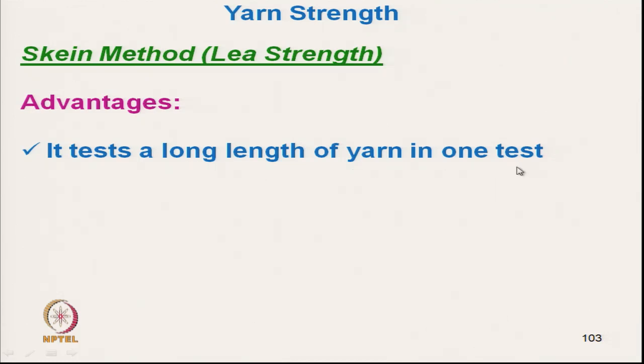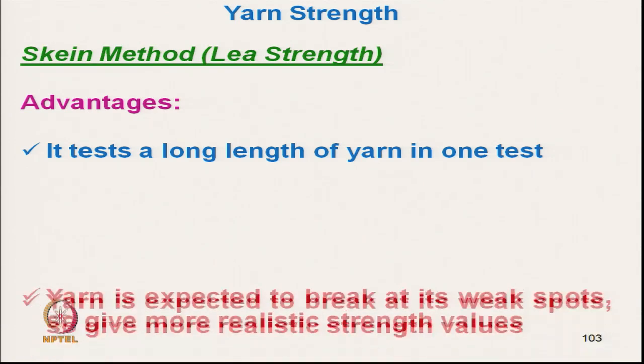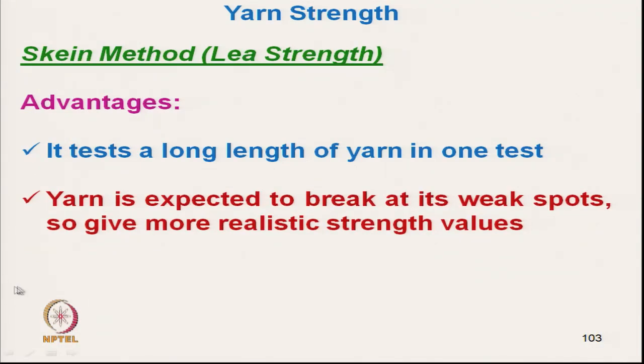But in other single yarn tests, what do we do? We test a smaller length, and we have to test a number of samples. The second advantage is that the yarn is expected to break at its weakest spots. In single yarn strength, it breaks once, at its weakest spot.